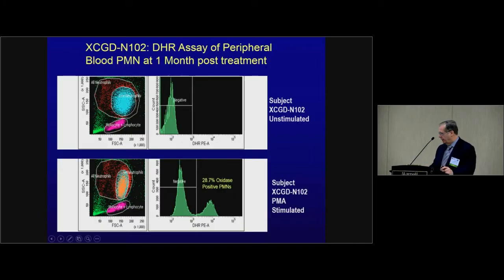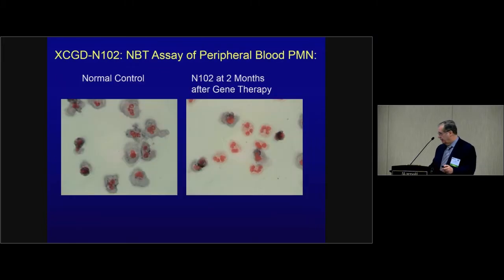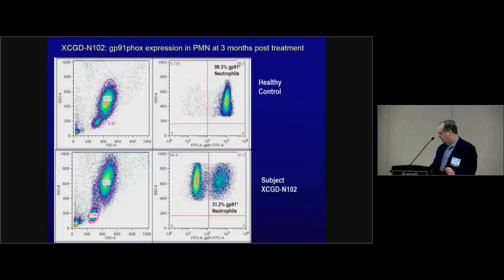In this patient, at 1 month out, we ended up with about 28-29% oxidase positive cells. This is the obligate DHR assay, so that if you don't believe flow, you can see it with your eyes. GP91 is expressed not at fully normal levels, but a little bit less in the cells.